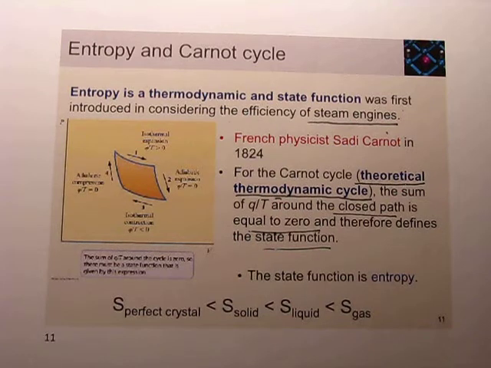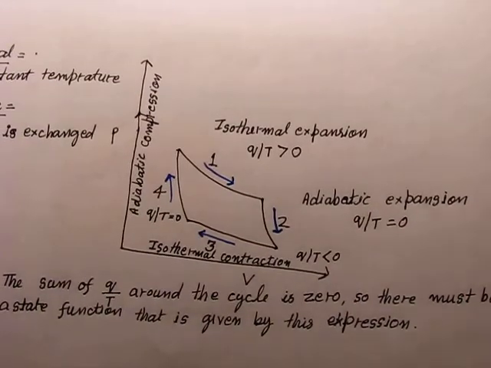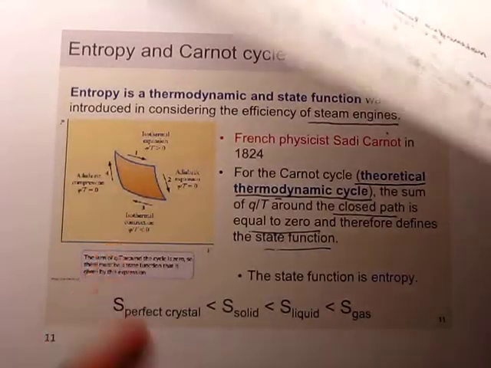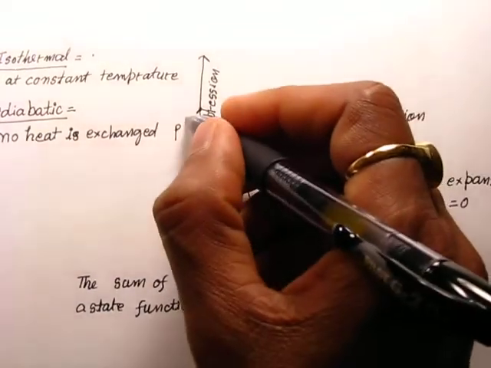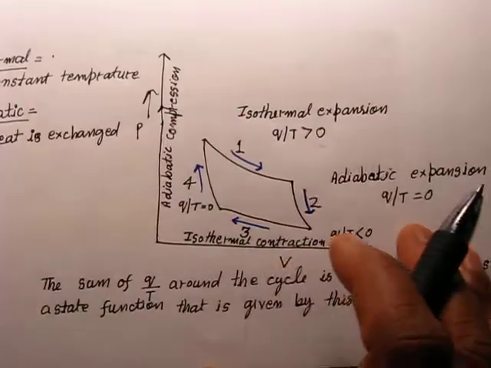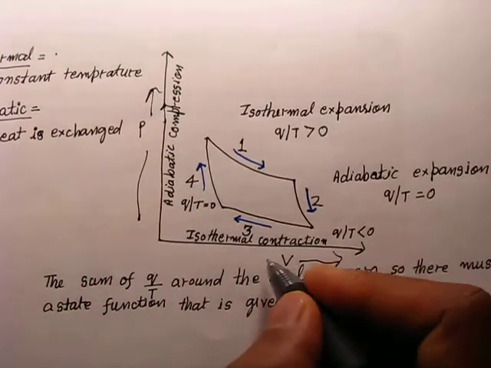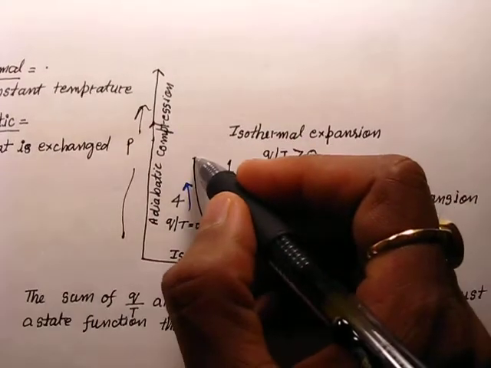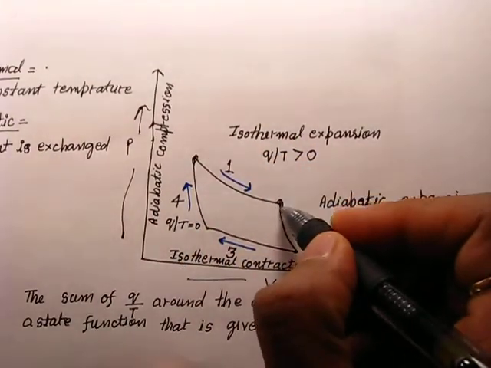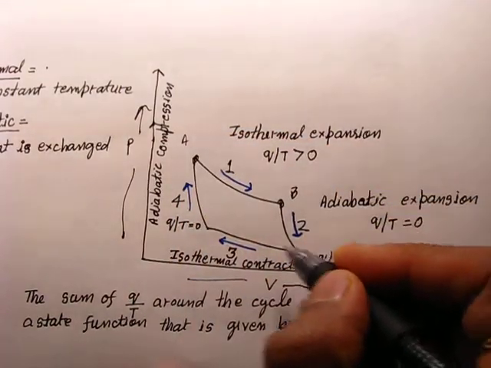So here I have drawn this Carnot cycle because this picture is not very clear, so let me explain here. In this Carnot cycle, pressure is denoted on the y-axis, which is increasing, and volume is increasing from left to right. And this is the closed system, A to B, B to C, and C to D.